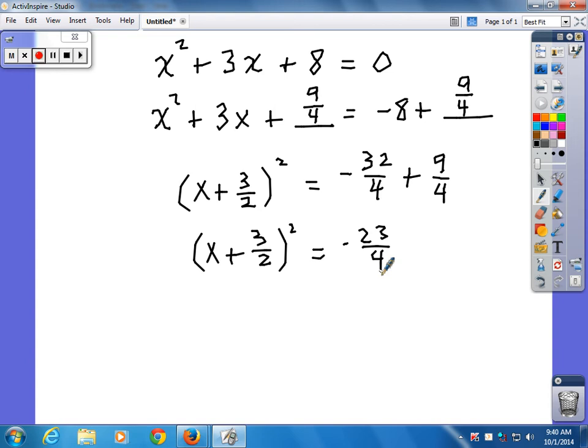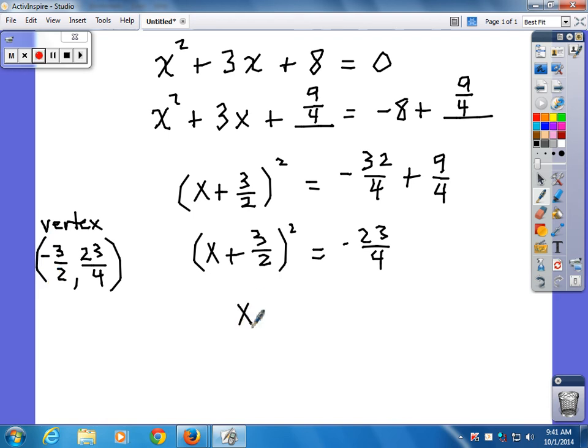So at this point, our vertex is negative 3 halves and 23 fourths. And you can change that to decimals as you plot them. Go ahead and solve.